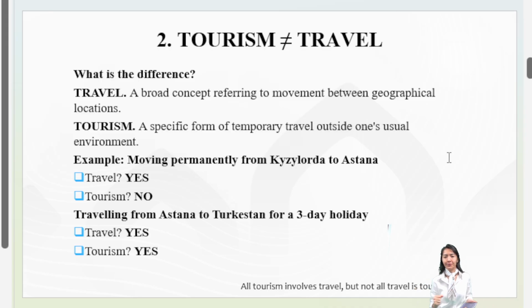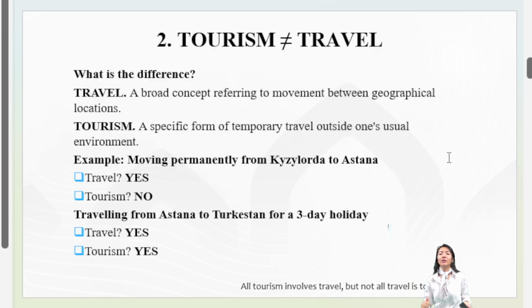For example, moving permanently from Kyzylorda to Astana, or from Turkestan to Astana. Is it travel? Yes. Is it tourism? No, because it's just a change of residence. Traveling from Astana to Turkestan for a 3-day holiday or 3-day trip: is it travel?